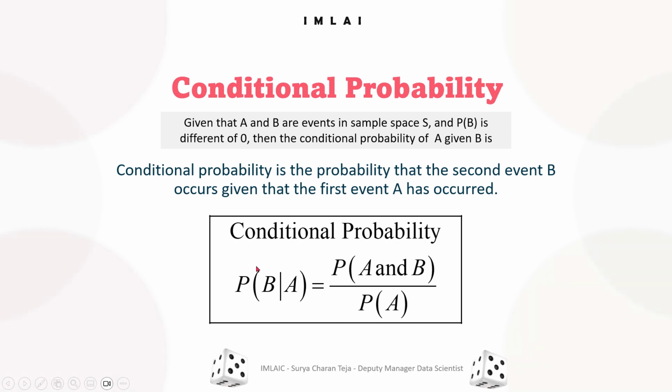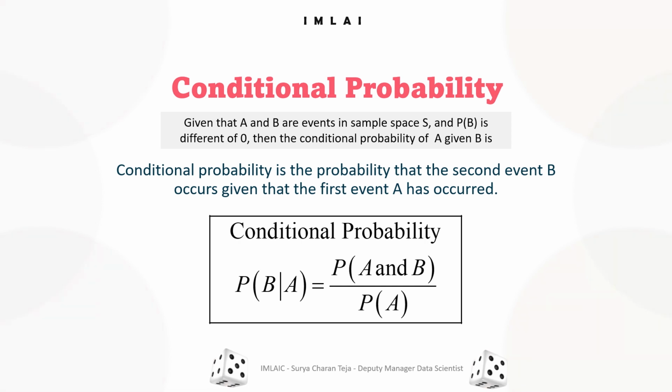Obviously, the probability of B changes because one event has occurred. When the event has already happened, you have to take out that one event. You have to reduce one event from the sample space as well as the respective event related frequency. Both places you have to reduce it because one event has already occurred.